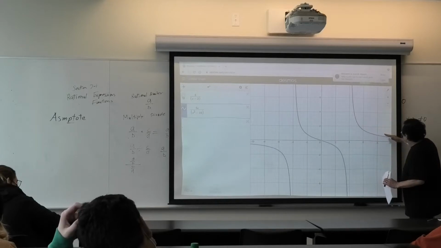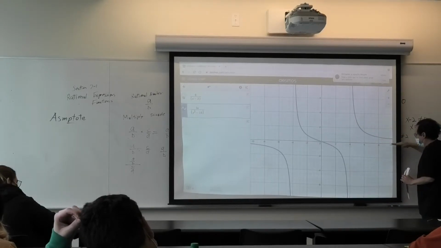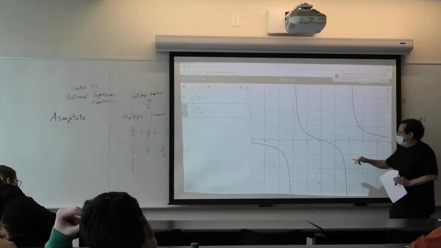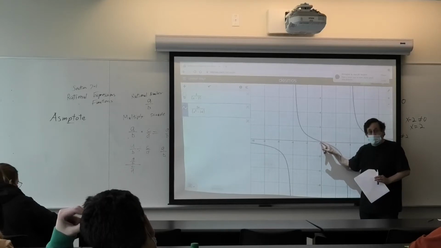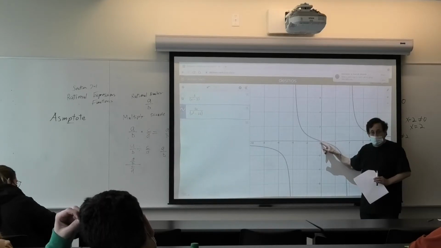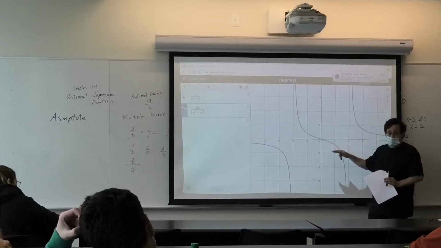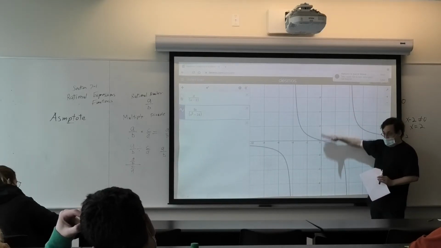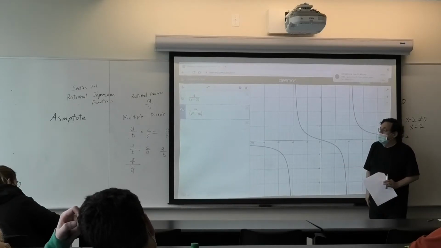And as we go out this way, again, there appears to be an asymptote at 0. However, in the center portion here, you see we go through this value, 0. So the range is going to cover all values of y. The range is all real numbers.